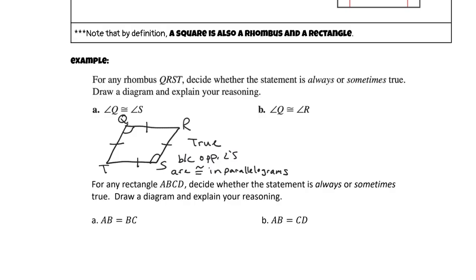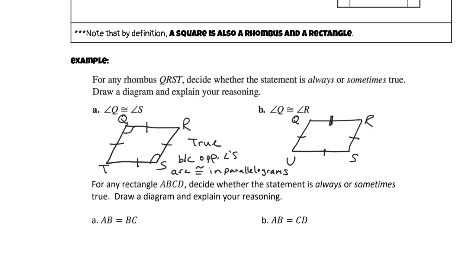Okay? So let's go ahead and do the same thing with this next one. So again, by definition, we know this is a parallelogram because a rhombus is a parallelogram. We also know that opposite sides are congruent because that's the definition, right? A parallelogram with 4 congruent sides is a rhombus.